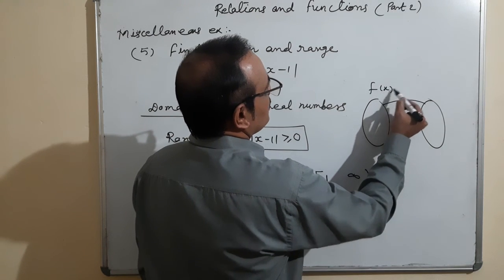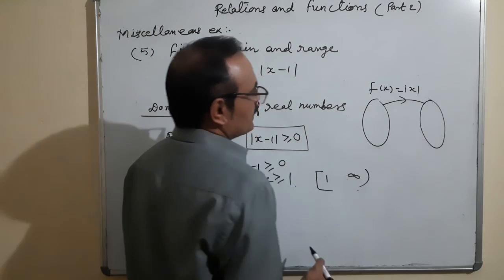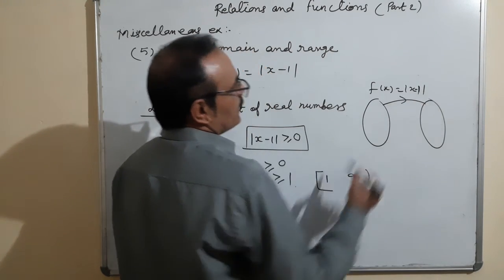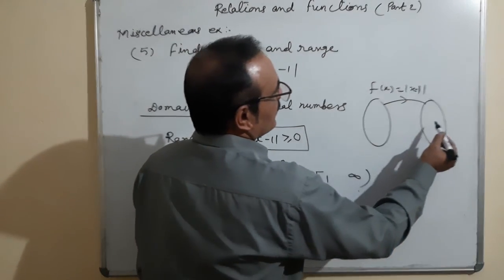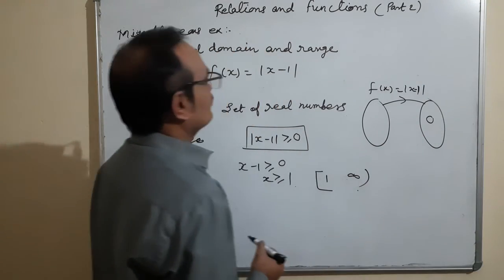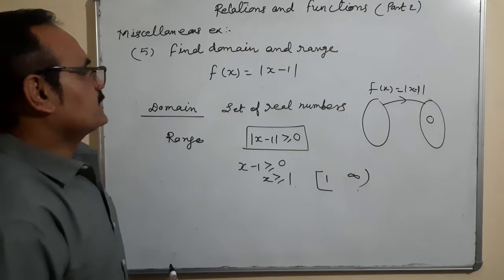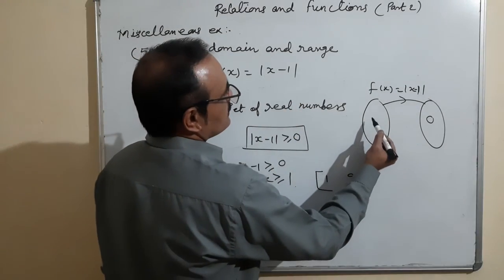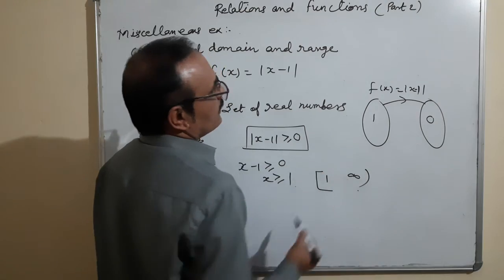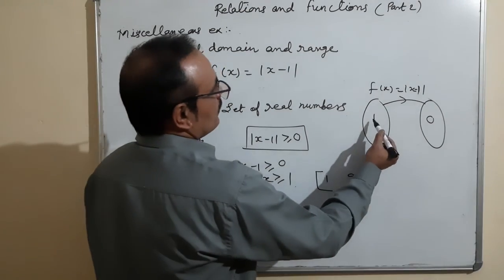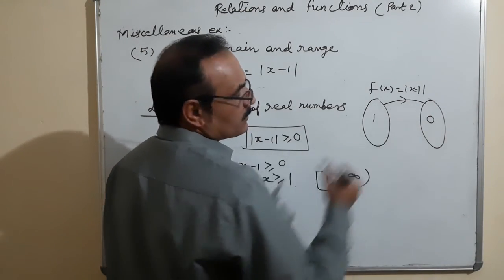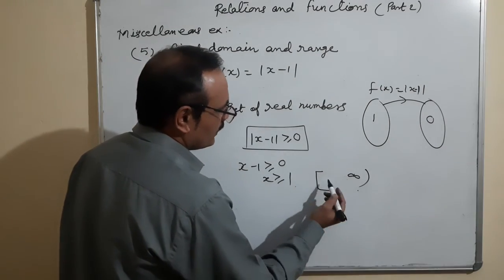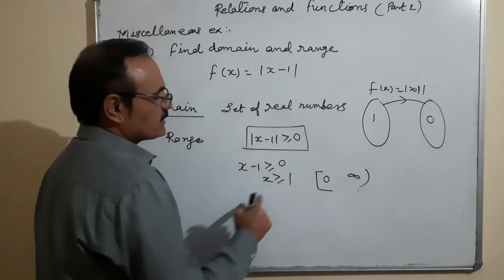But in the range, you can check this. F of x is equal to mod x minus 1. We are discussing at that point whether we are getting 0, yes or no. So yes, if I put 1 here, then 1 minus 1 is 0. So that means we have to write the range from 0 to infinite, where x is greater or equal to 1.